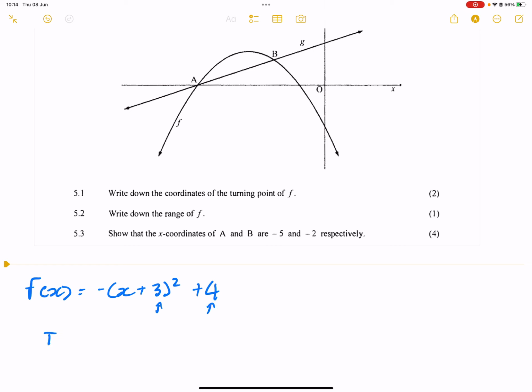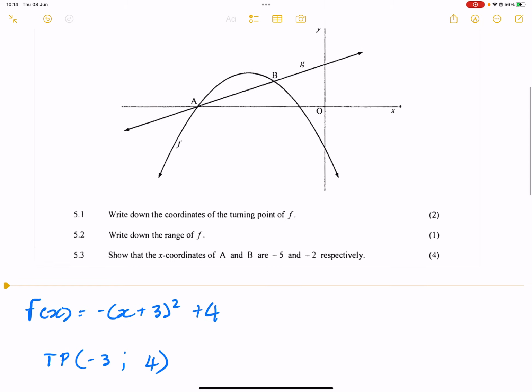So our turning point in this case would be at negative 3 as well as at 4, right? All you simply do is take this value here and that value there. That becomes the x value of your turning point, but you need to remember to change the sign, and that becomes the y value of your turning point, but you keep the sign the same.